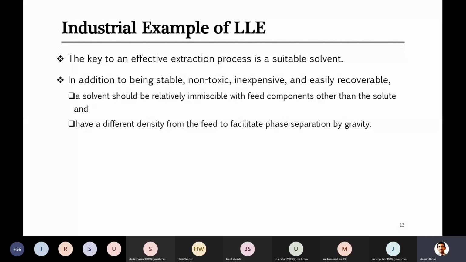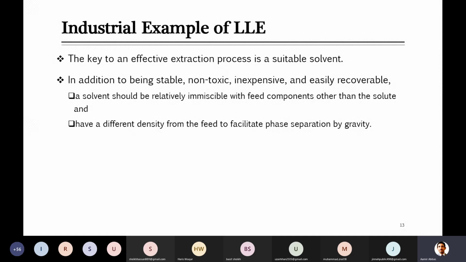Whenever we are going to use any solvent, we have some common criteria for selection, whether for absorption, liquid extraction, or later for leaching. The solvent should be stable, so it shouldn't decompose at the conditions of the separation. As well, it should be non-toxic, inexpensive, and easily recoverable. These are very common requirements for selection of any solvent.